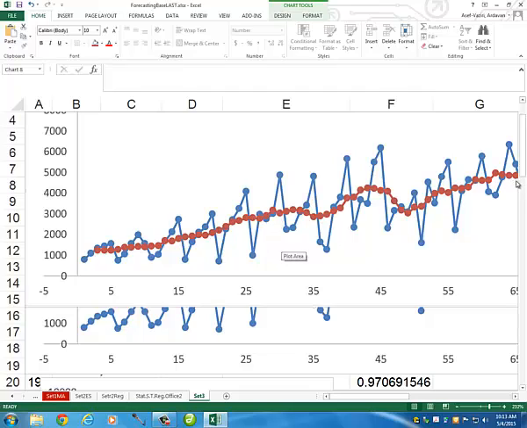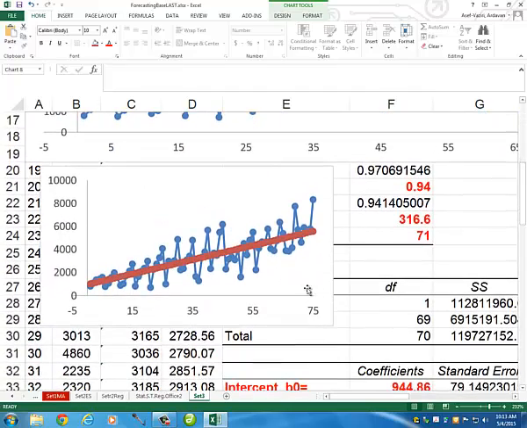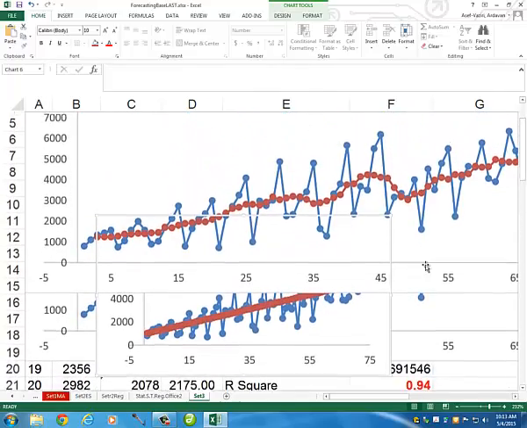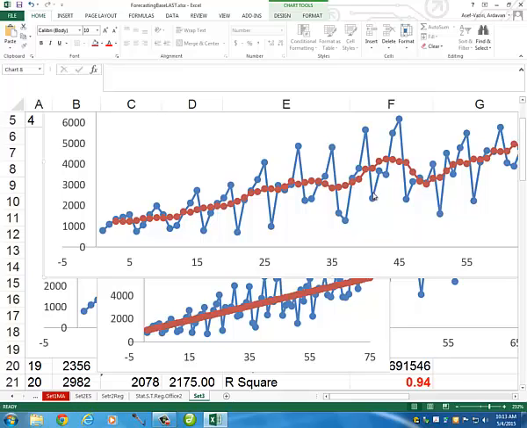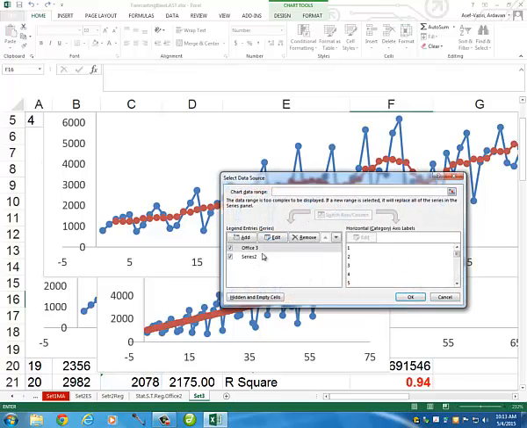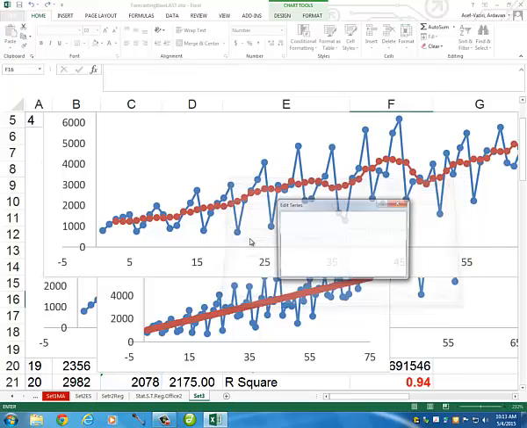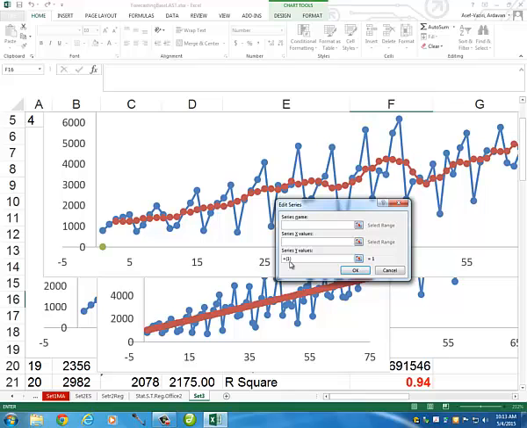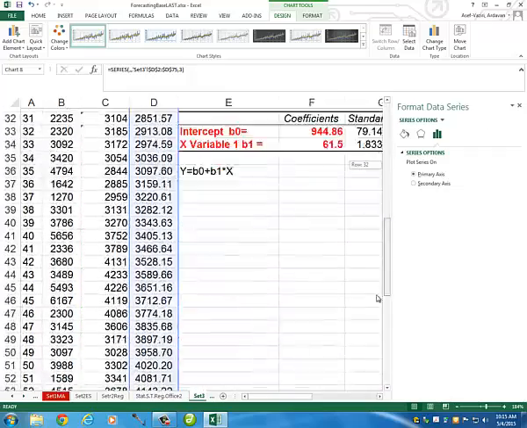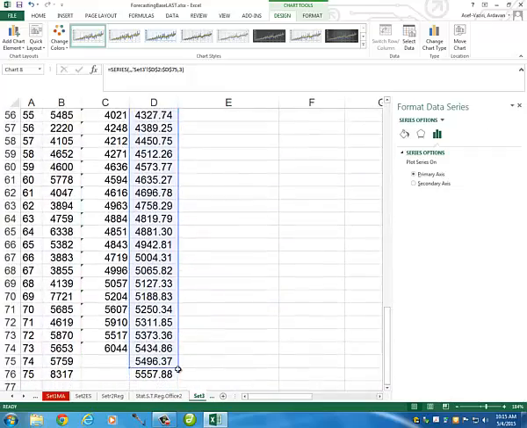These do not have seasonality. Then I applied a regression line on those data. So if I'm going to have all of them on the same curve, select data, add, and I will go here, and then go down, and then also go down here.